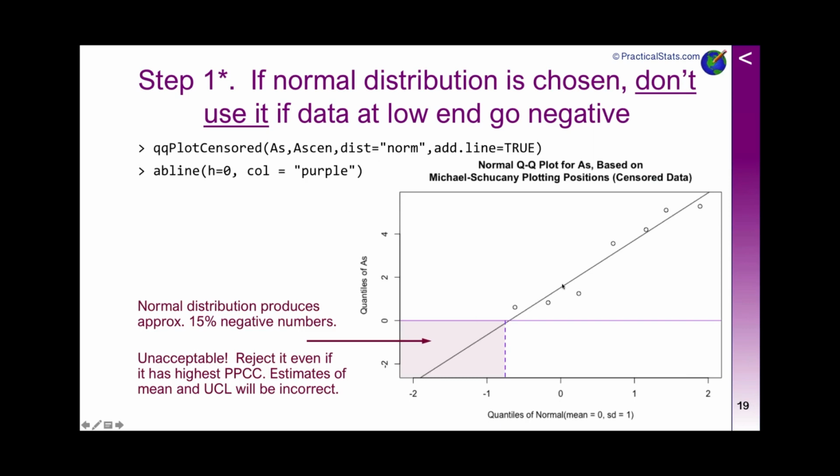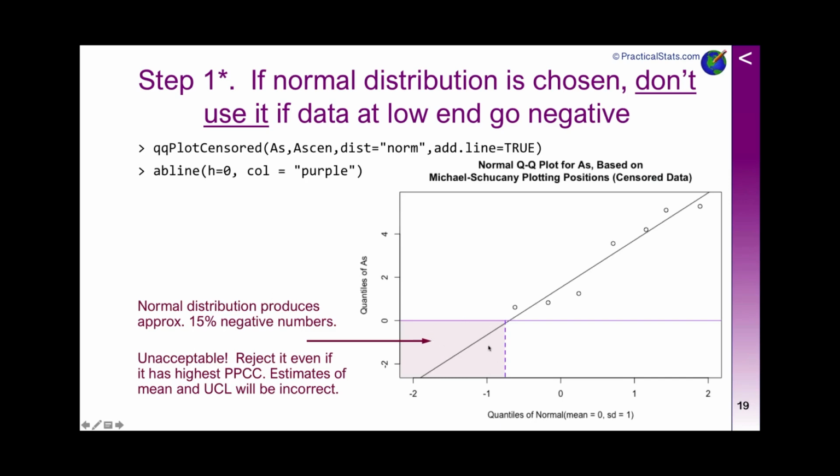And see where the projected distribution, which on a QQ plot is going to be a straight line, where does that dip below 0 if you're using a normal? And if it's any appreciable amount, in this data set for arsenic it looks like about 15%, then you don't want to use the normal distribution because that percent of negatives is going to distort the estimated mean and variance and not give you good percentile estimates and not give you good UCL estimates either.